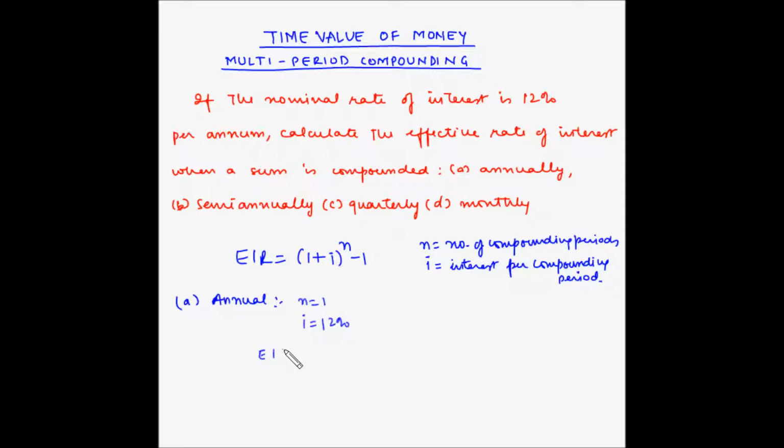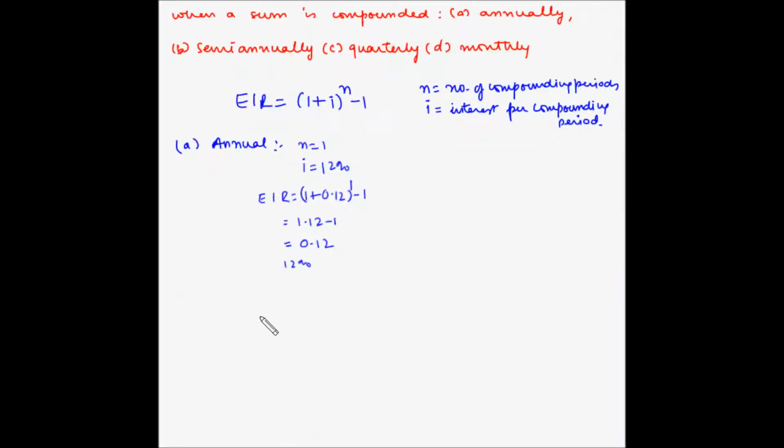So effective interest rate is equal to (1 + 0.12)^1 - 1. So 1.12 minus 1, so this is 0.12. So basically 12%. So the effective interest rate is the same as the nominal interest rate.